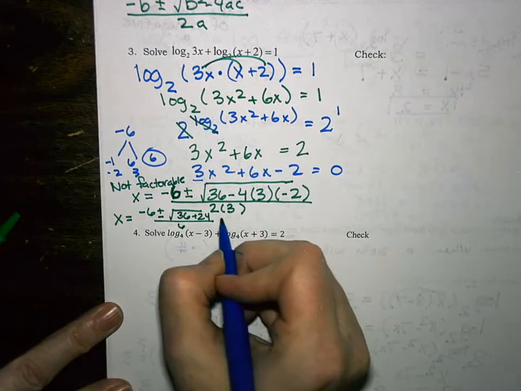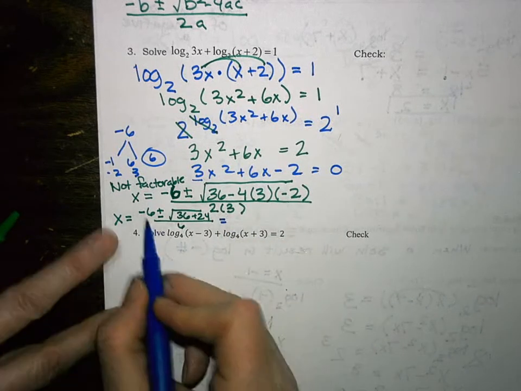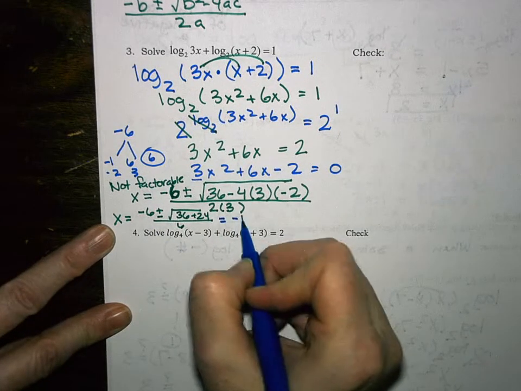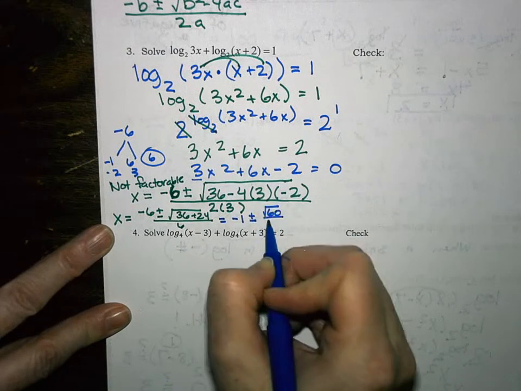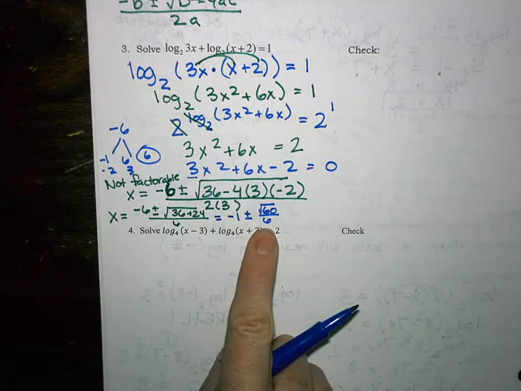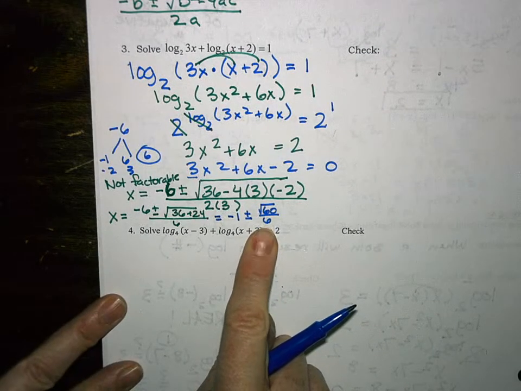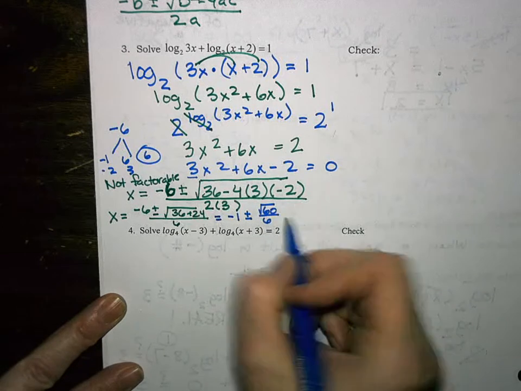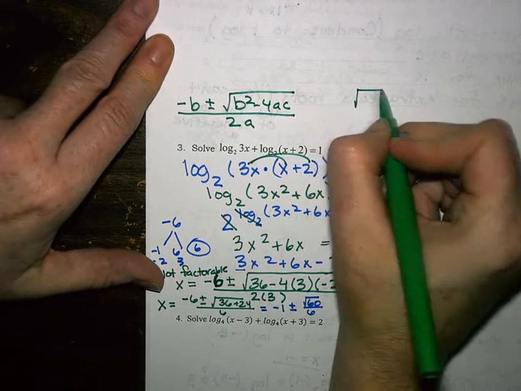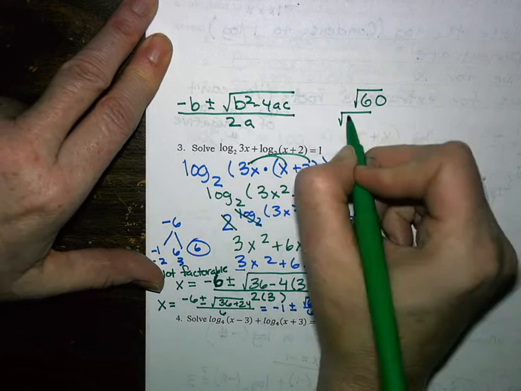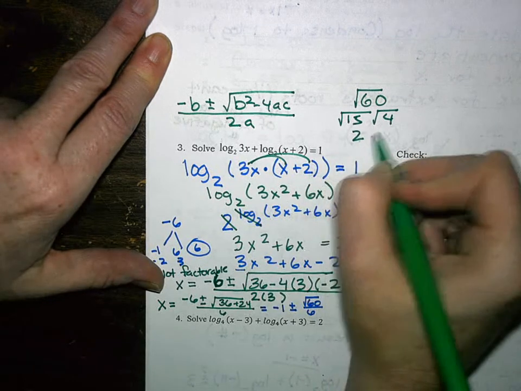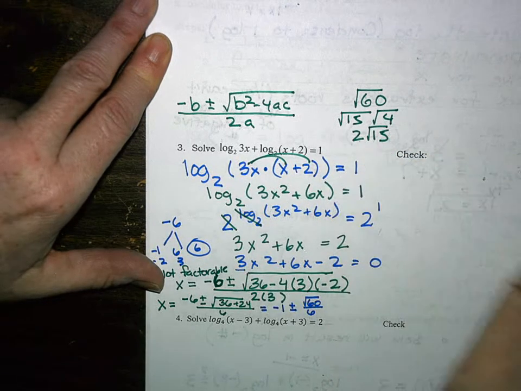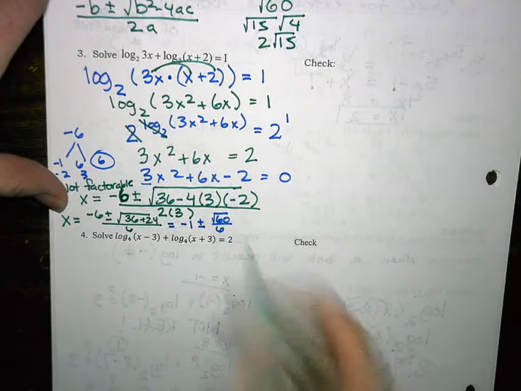I'm going to separate these out now, and I get negative 6 over 6 is negative 1, plus or minus the square root of 60 over 6. Are there any perfect squares in there that I can take out? Well, 4 goes into 60, so the square root of 60 is the square root of 15 times the square root of 4, which is 2 radical 15.